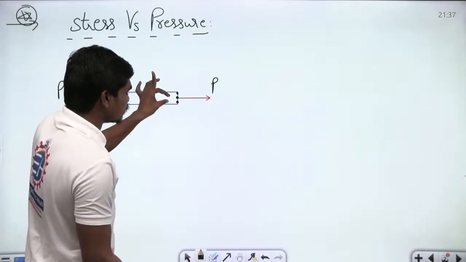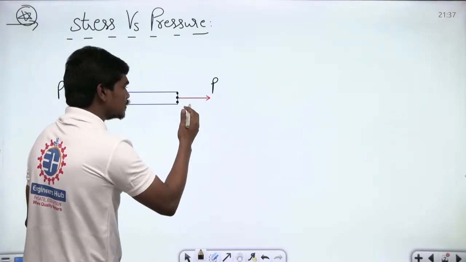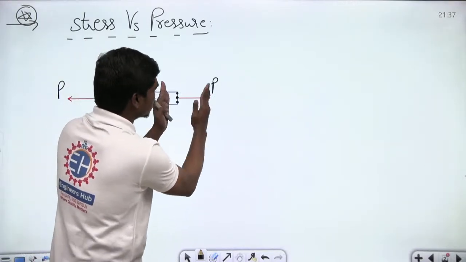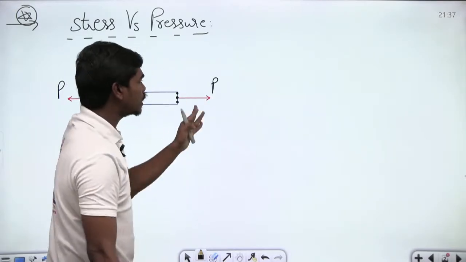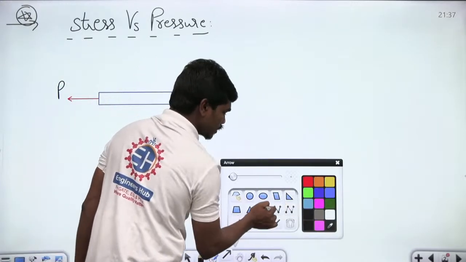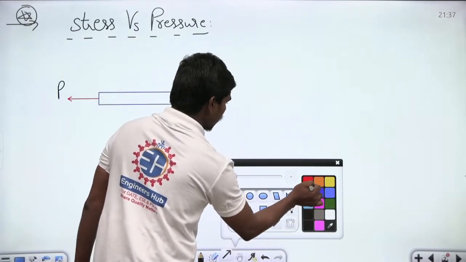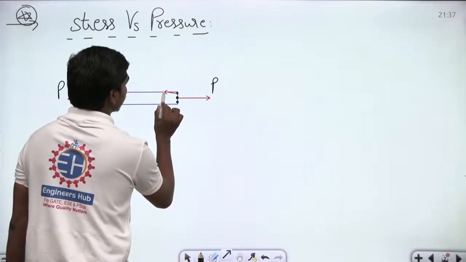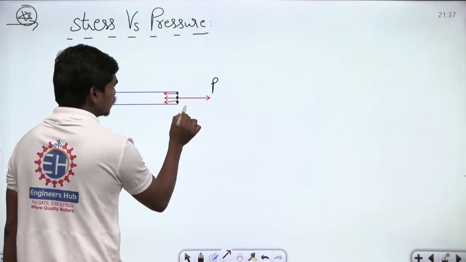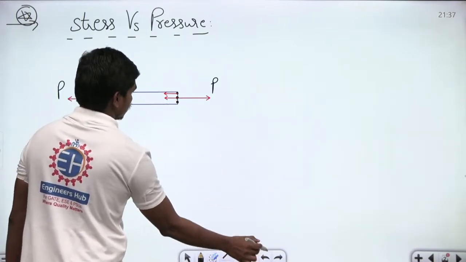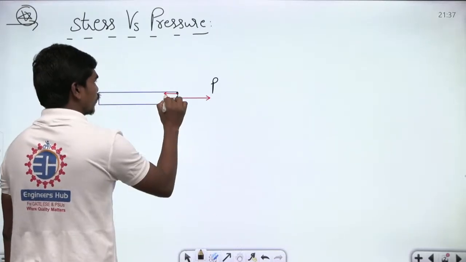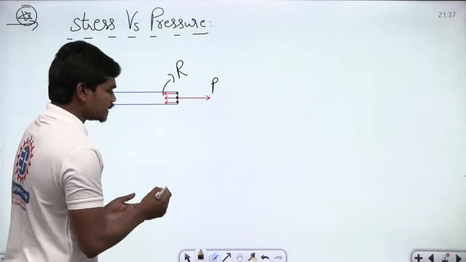But because of the cohesion present in the nearby molecules, some internal resistance develops against the movement of these molecules, correct? So whenever you try to displace this layer of molecules by applying an external force P, some internal resisting force comes up within the solid. Suppose this internal resisting force is R. Now, what is stress?